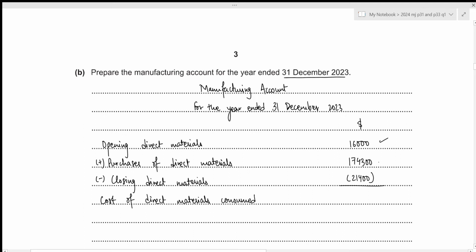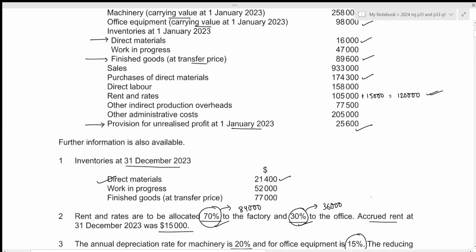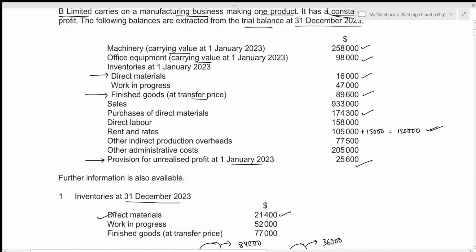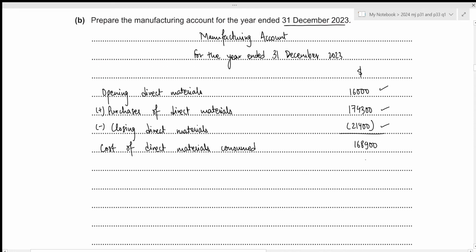That will be 16,000 plus 174,300 minus 21,400, which results in 168,900. Now we need to add any other direct cost so that we get the total for our prime cost. In this case, the only other direct cost we have is the direct labor of 158,000. Let's write it down. So 158,000 for direct labor.